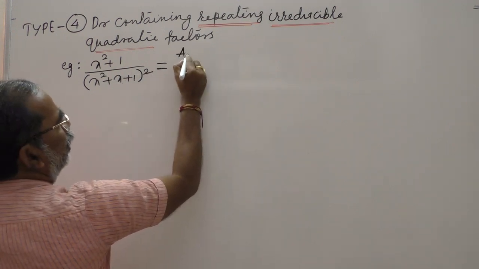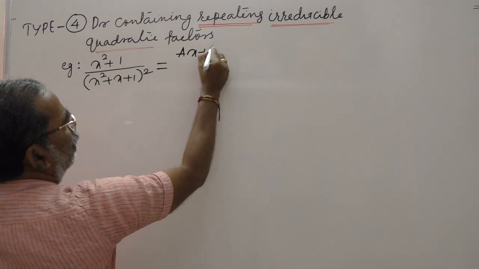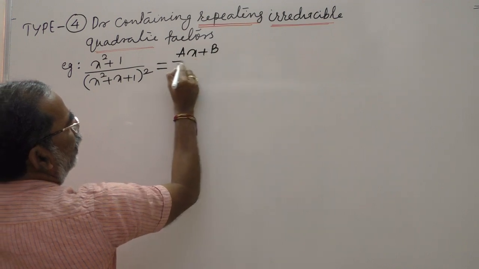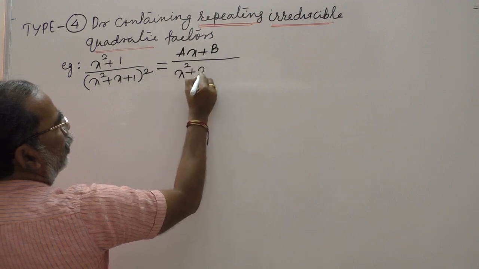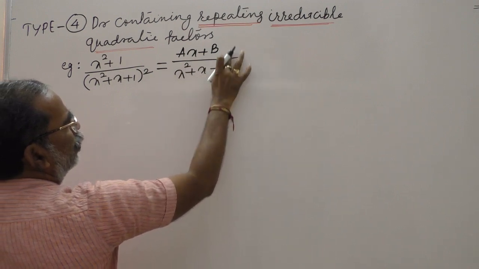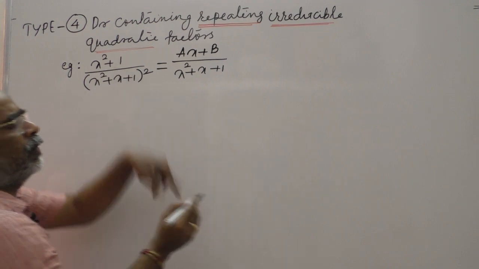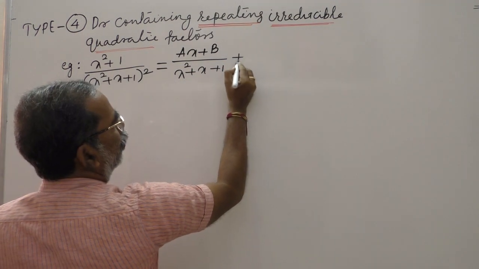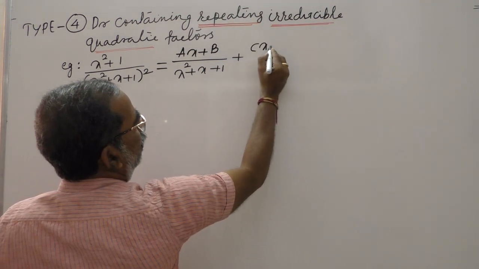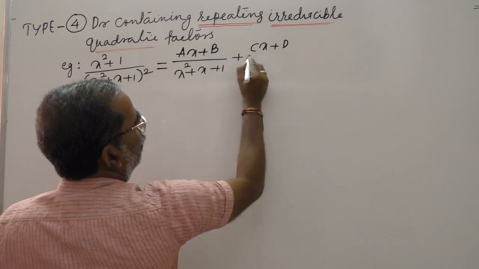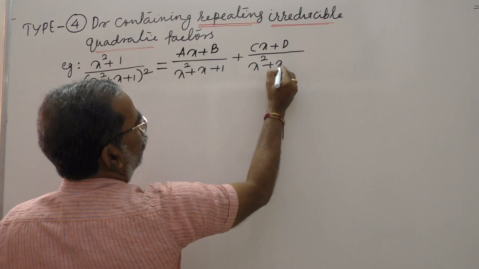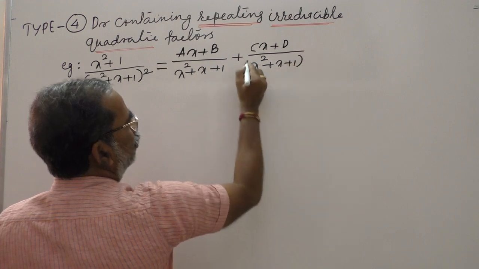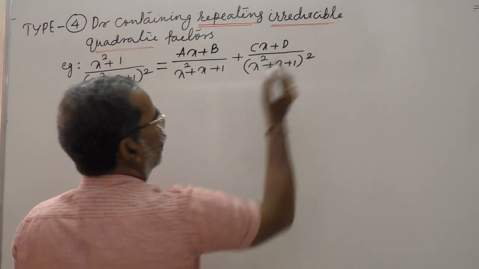Therefore in type 3 we have seen, for quadratic factor we should take ax plus b divided by x square plus x plus 1. So this factor is repeating two times, no? Therefore you take some linear factor cx plus d divided by x square plus x plus 1 whole square. You should take like this.